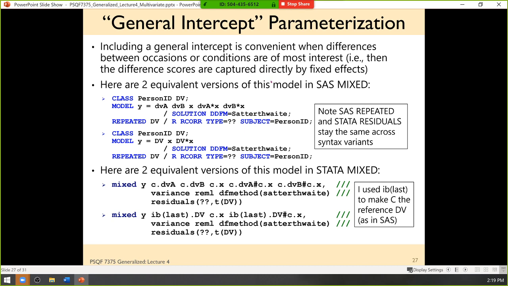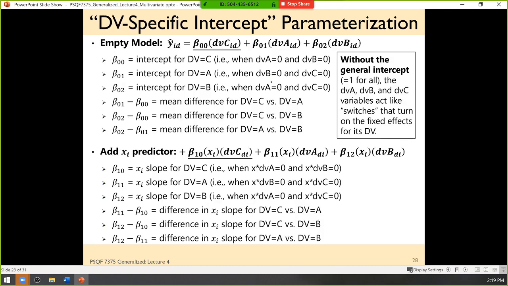So let's take out the general intercept and fix it. So this is slide 28. This is your first instance of a model that has more than one intercept. The parts that make it different in terms of what goes into the model and what would go into the syntax are underlined.